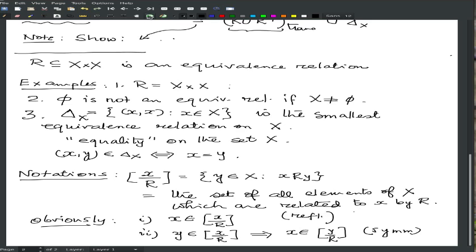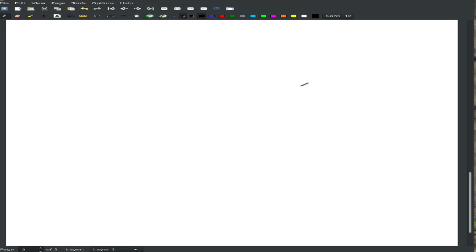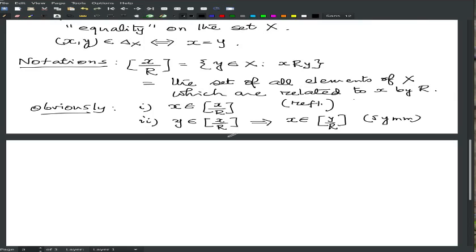Now in this number 2 you can interchange x and y, so it is not a one-sided thing, it is both-sided. So this tells us x by R is equal to y by R. We can make it stronger.